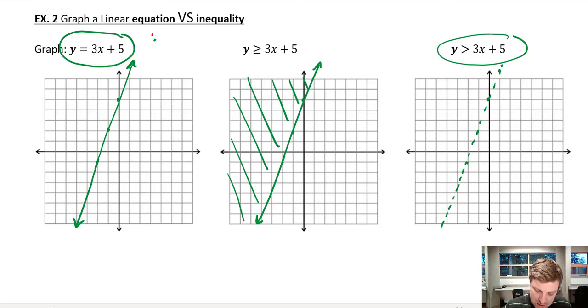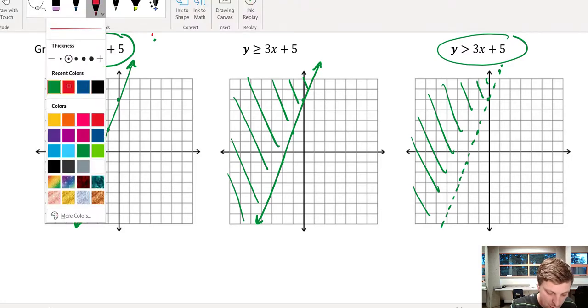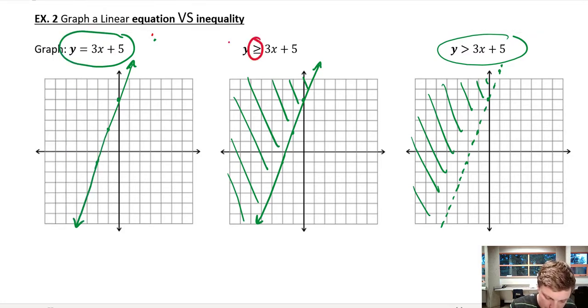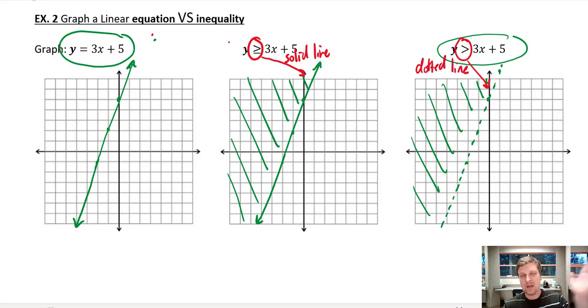And then I'm going to shade in everything that is above that. So if we have a greater than or equal to sign, or a less than or equal to sign, then we have a solid line. And if it's not equal to, it's just greater than, or it's just less than, then we use a dotted line. And basically we're just saying in this case, it's not actually on the line, but anything above that's good. Whereas in the other case, it could be on the line.